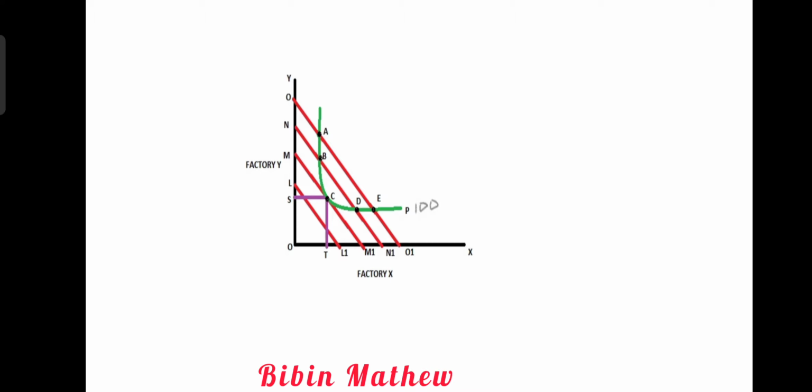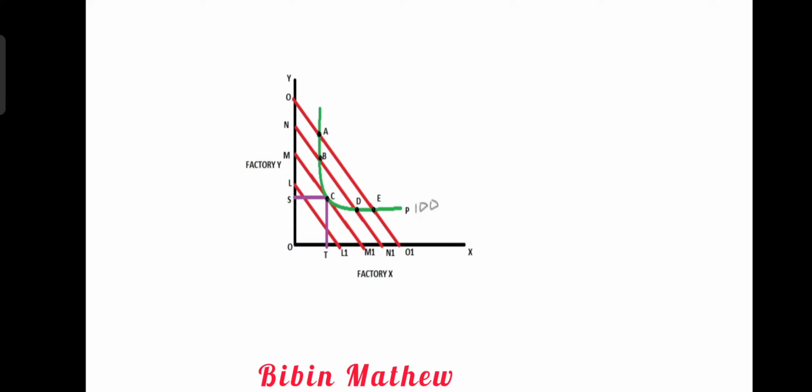The isoquant curve P touches the isocost line MM1 at C. So now the producer will go to the isocost line MM1 to reduce the cost. Understand that at point C he is still able to produce 100 units of output. The output remains the same because it is the same isoquant curve. What changes is the cost.